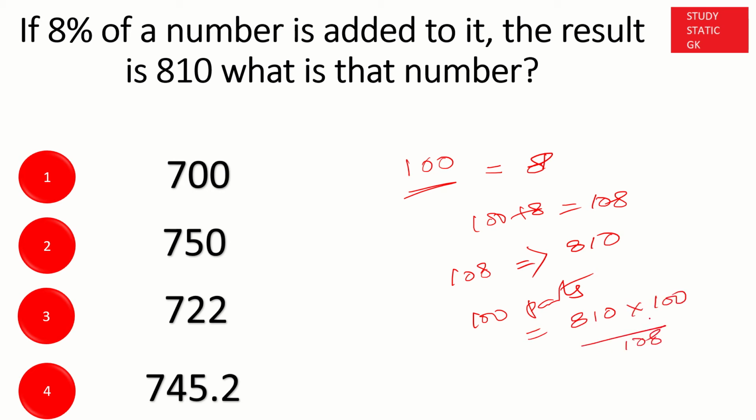Let us solve this. 9 nines, 9 ones, 9 twos, so 90 by 12. Again, 25 into 30 is nothing but 750. 25 threes are 750. So the answer is 750.